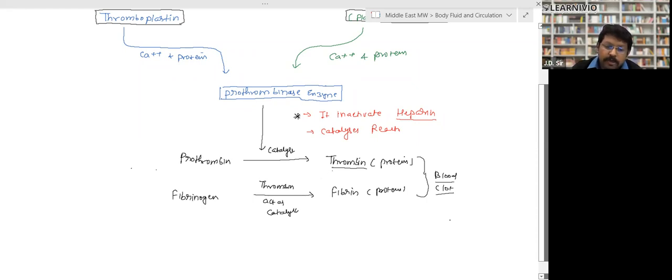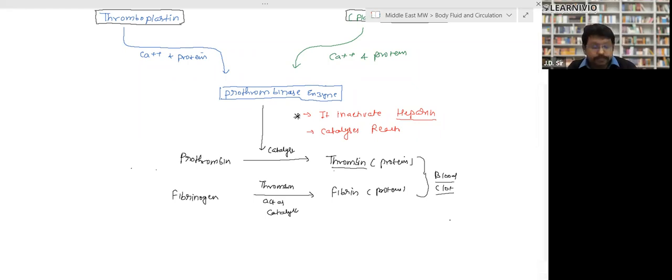Now the thrombin protein is a clot protein, and that also works as an enzyme. This thrombin protein changes fibrinogen into fibrin. So thrombin and fibrin are two substances which make a clot on our injury, and they prevent extra blood from coming out.